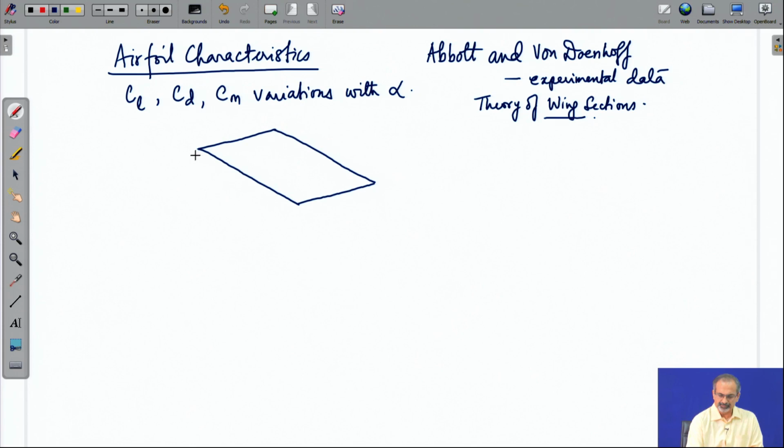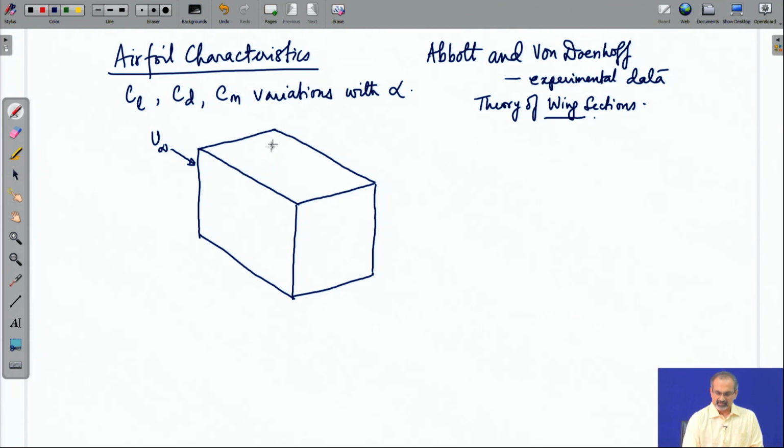Let us try to visualize the test section of a low speed wind tunnel. It is drawn in a cross sectional sense. Let us imagine that the flow velocity is moving into the inlet part of the test section.